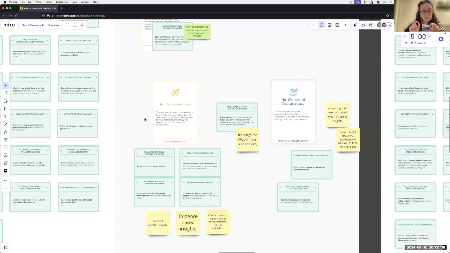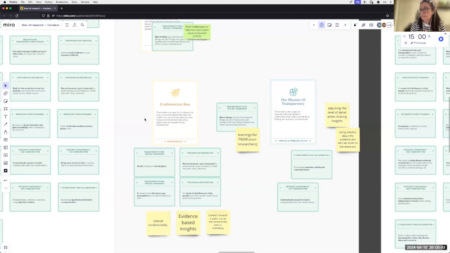And then when sharing evidence-based insights, this is also one of the ways we can mitigate confirmation bias.